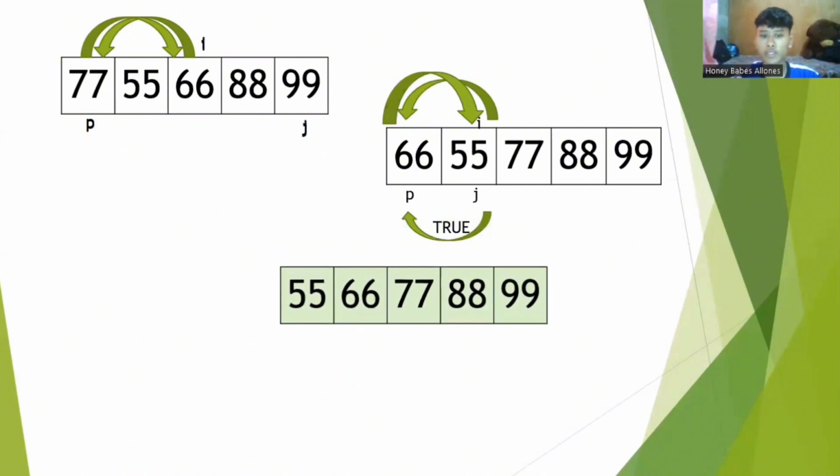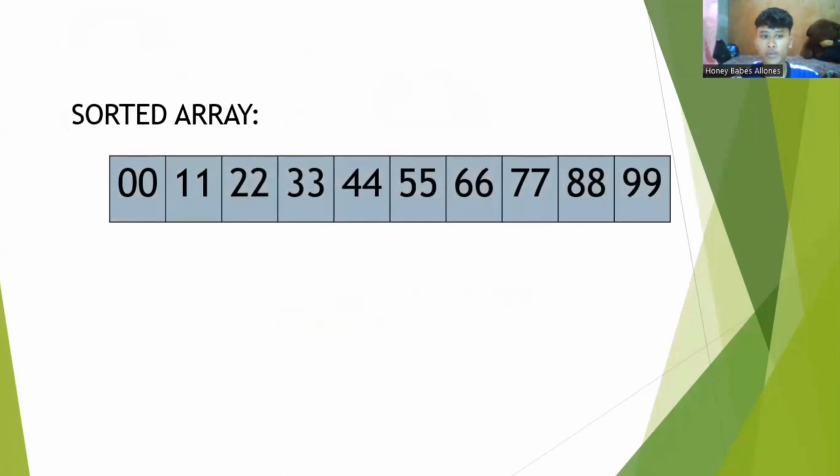So this is the sorted part: 55, 66, 77, 88, and 99. The sorted array is 00, 11, 22, 33, 44, 55, 66, 77, 88, and 99.